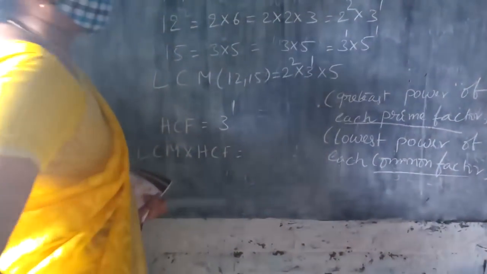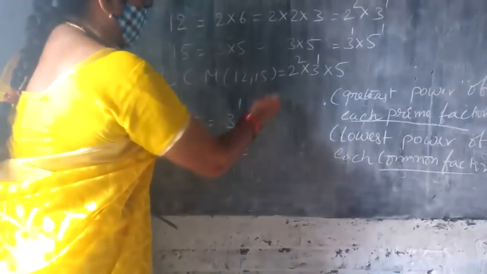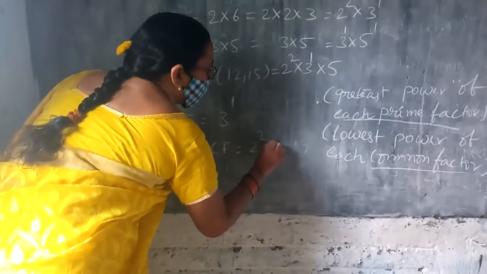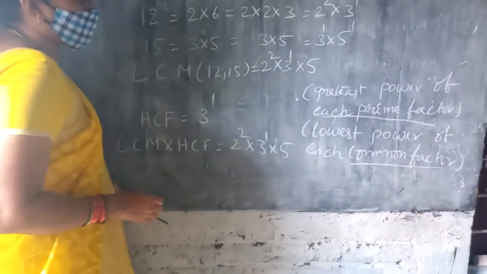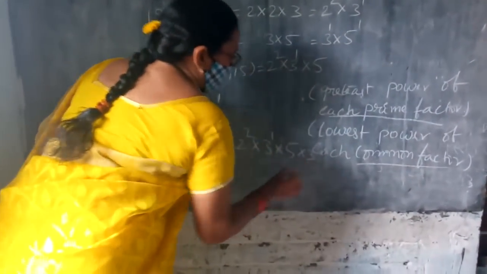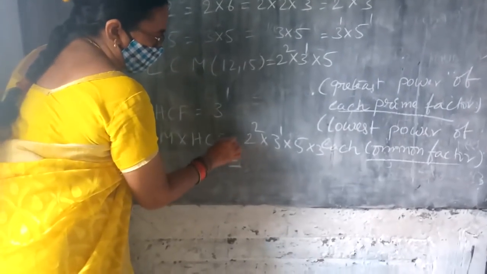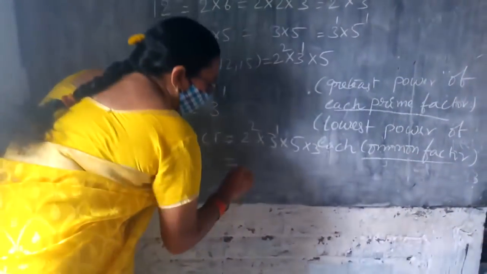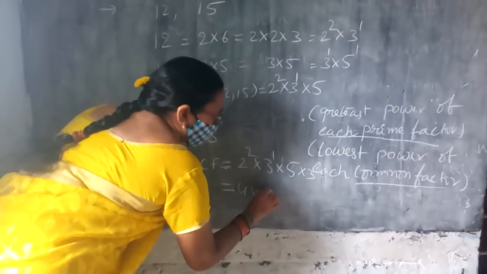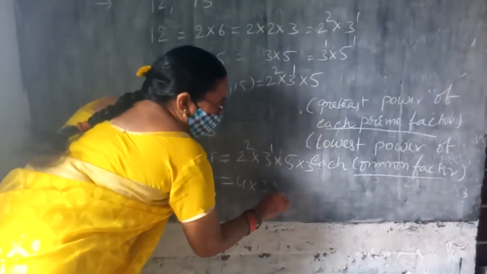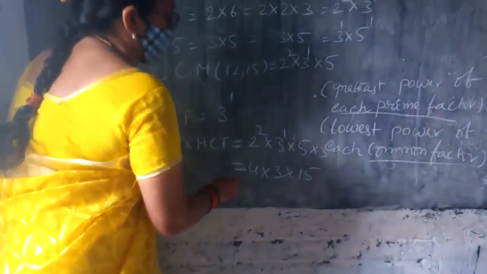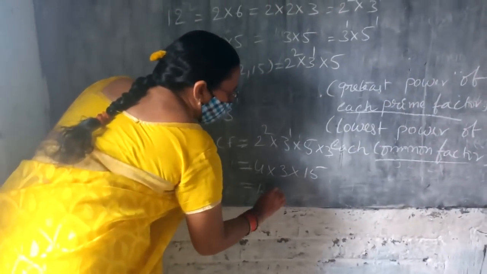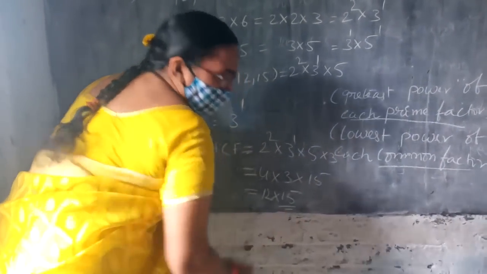Now the product of LCM and HCF. What is the LCM? 2 square into 3 power 1 into 5. What is the HCF? 3. See what happens. 2 square means 4, 3 power 1 means 3. 5 threes are 15, 4 threes are 12. Children, see what happened?